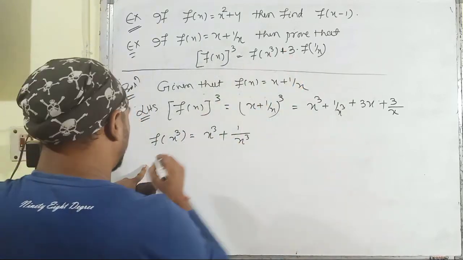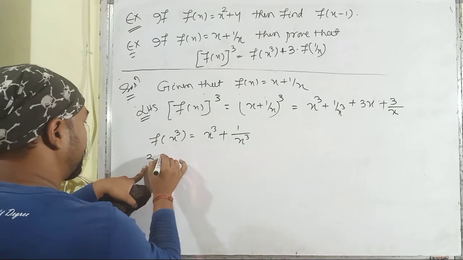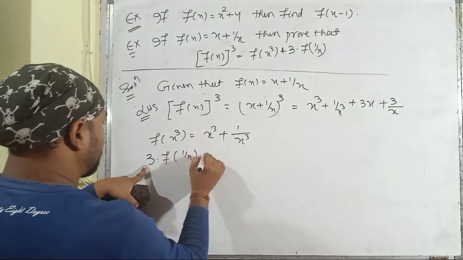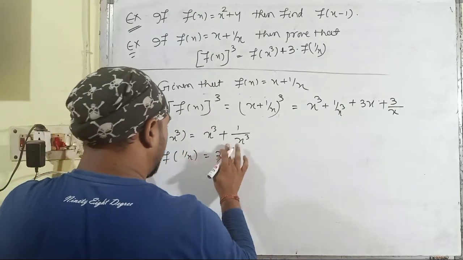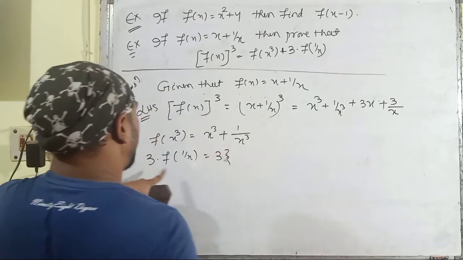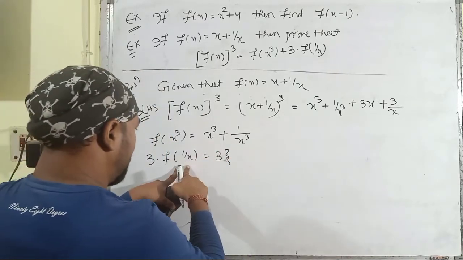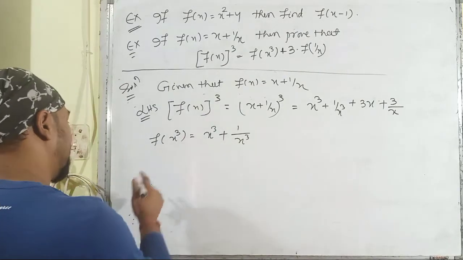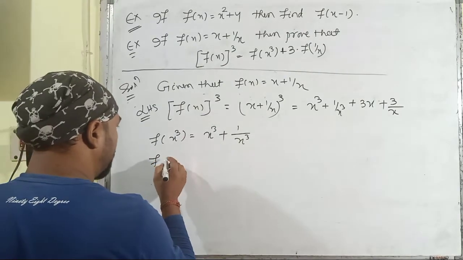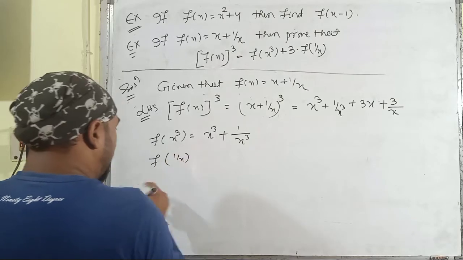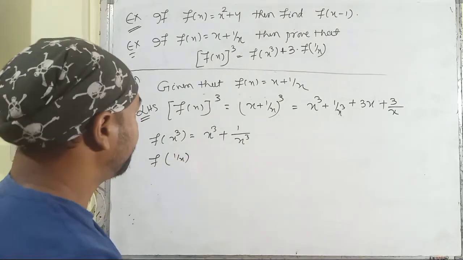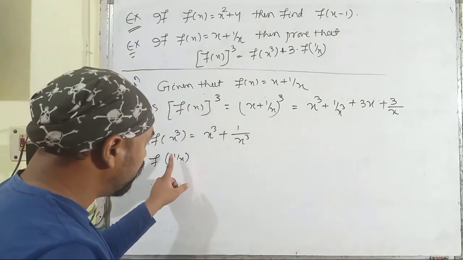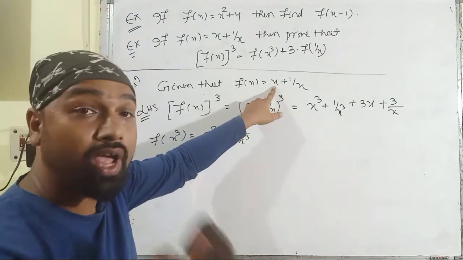Then let us move through the second term, 3 multiplied with f of 1 by x. First of all, let us find f of 1 by x. Then we will find 3 multiplied with f of 1 by x. F of 1 by x means we have to substitute 1 by x in place of x.